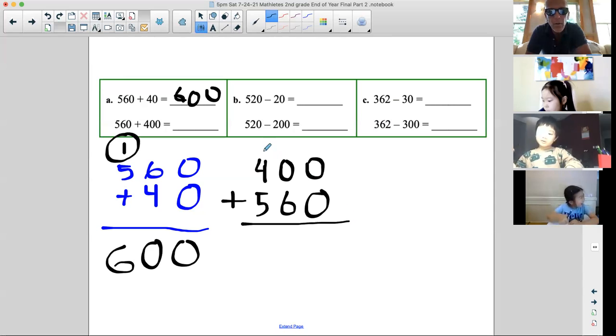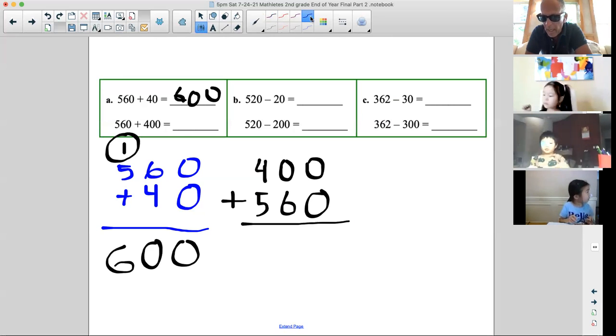Write it down. Always add your ones column, then your tens column, and then your hundreds column. That's always the best way. Eleanor, can you tell us the answer to this one? 960. Yes, and that is perfectly correct.